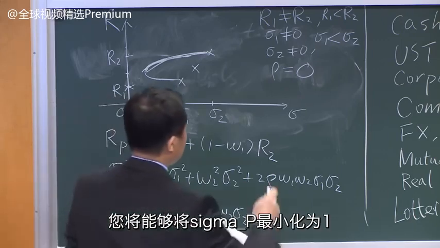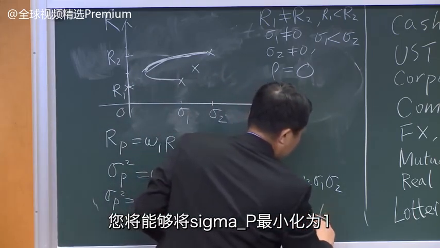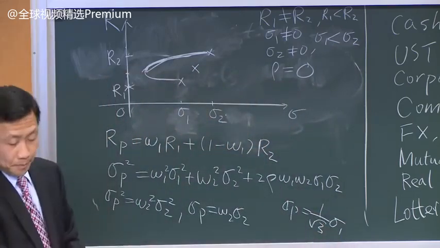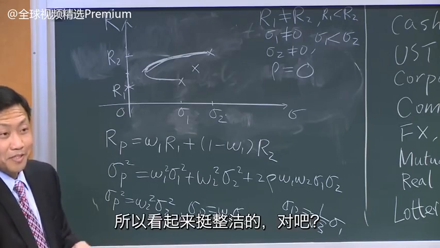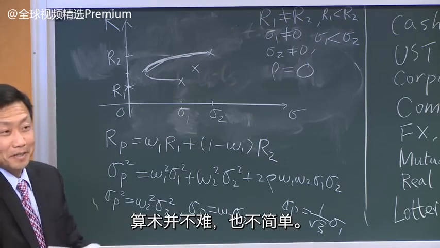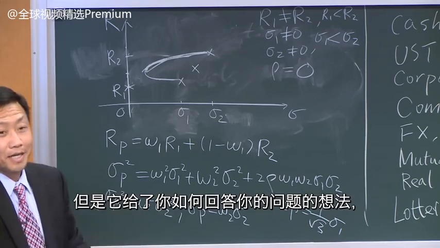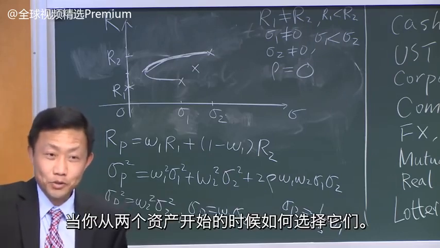You're going to be able to minimize sigma p equal to 1 over the square root of 3 of sigma 1. Okay. So it seems pretty neat, right? The math is not hard and straightforward, but it gives you the idea how to answer your question, how to select them when you start with two.